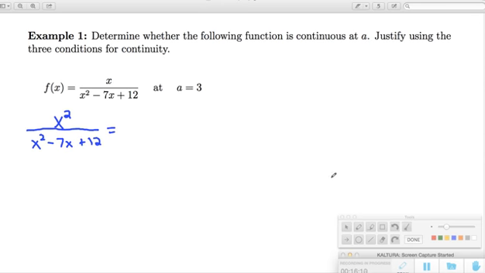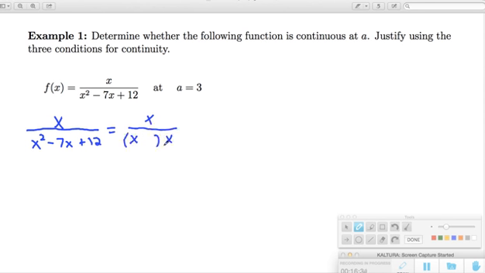Well, in this case, sorry, it's not an x squared, that's an x. Well, in this case, we've got a denominator that could potentially be 0 depending on the x values. Whenever you see a quadratic expression, that's an x squared expression, you should probably try and factor it.